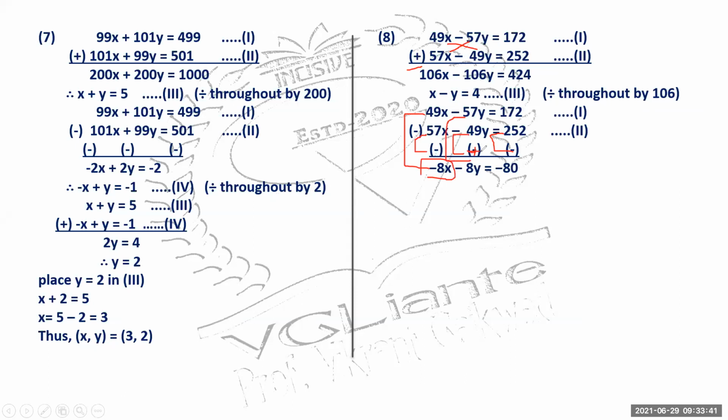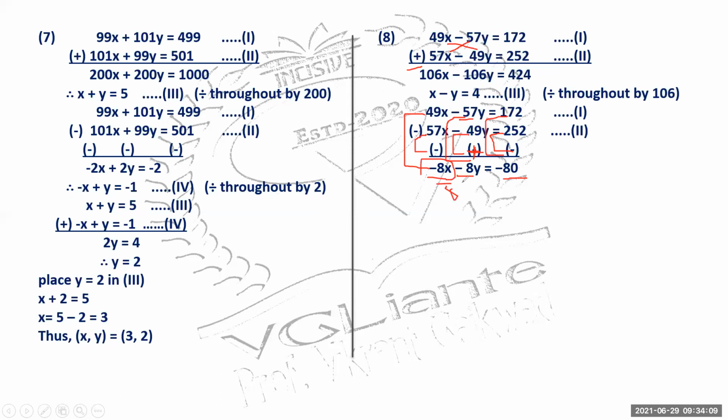Understand, there is a plus sign over here. So minus 57 plus 49, that is minus 8y. The greater number is 57, so we put the negative sign. So minus 8y. And here 172 minus 252, that is minus 8.